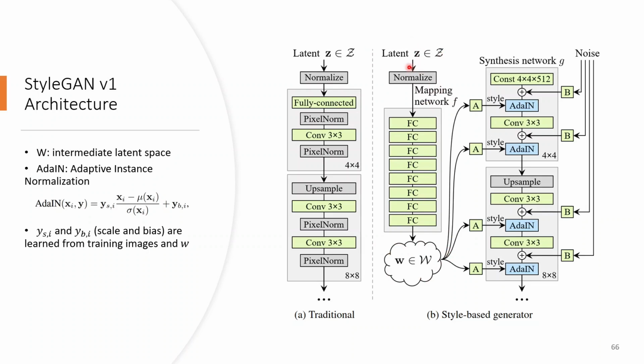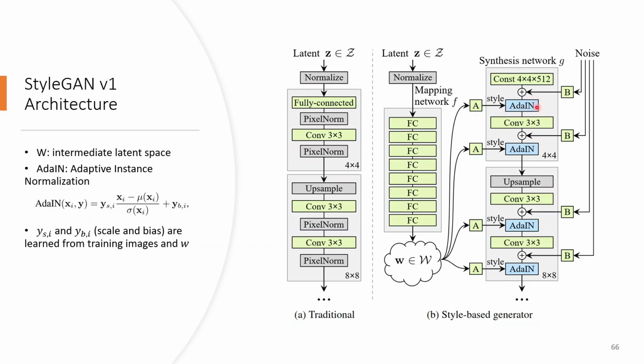When the variable Z is a Gaussian distribution in the Z space, it is not a Gaussian distribution in the W space. And in the W space, they can control the generated styles, again like StyleGAN v2, this is the adaptive instance normalization.